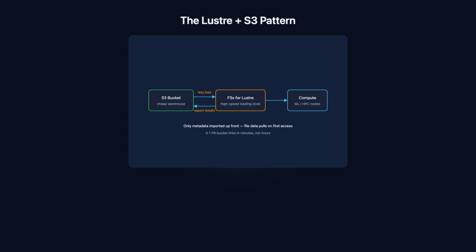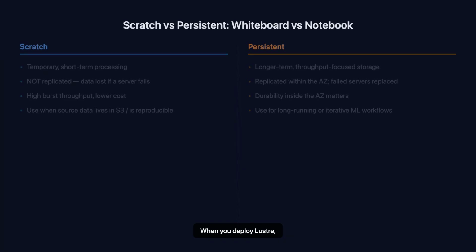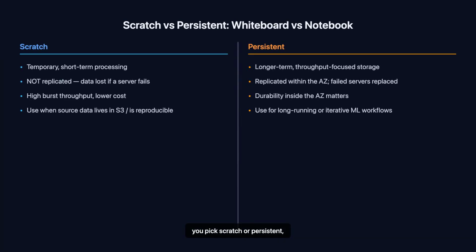When you deploy Lustre, you pick Scratch or Persistent, and there's a clean way to remember the difference. Scratch is a whiteboard in a conference room, blazing fast to write on, but you wipe it clean when the meeting ends. Scratch isn't replicated, so if a file server fails, the data is gone.